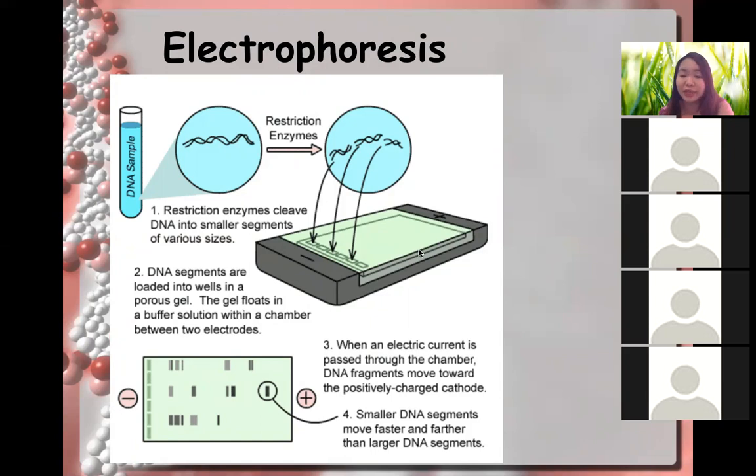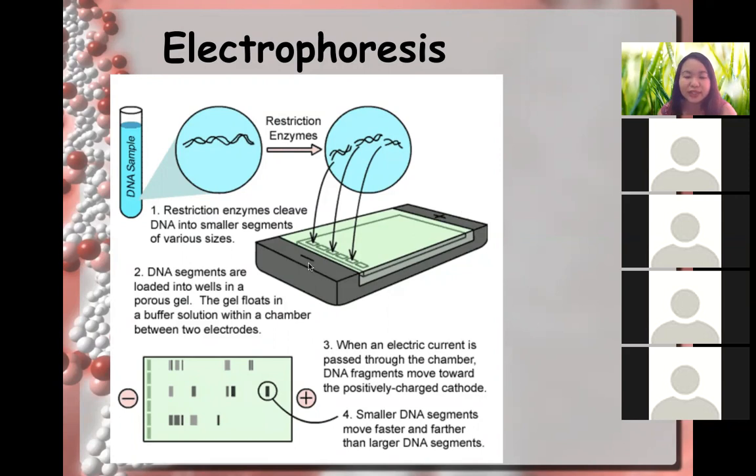The gel is just made of the gel that we eat, what do you call it, Micah? Jelly Ace, ma'am. Gulaman, ma'am. Yes, gulaman or agar. Then the gel floats in a buffer solution within a chamber between two electrodes.